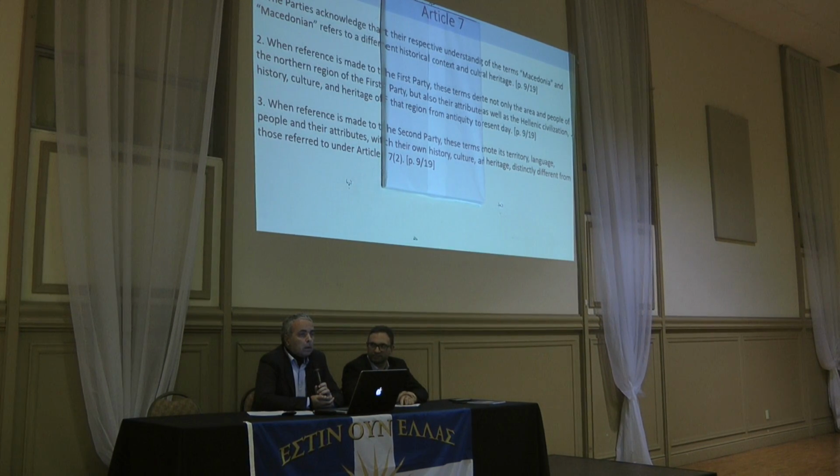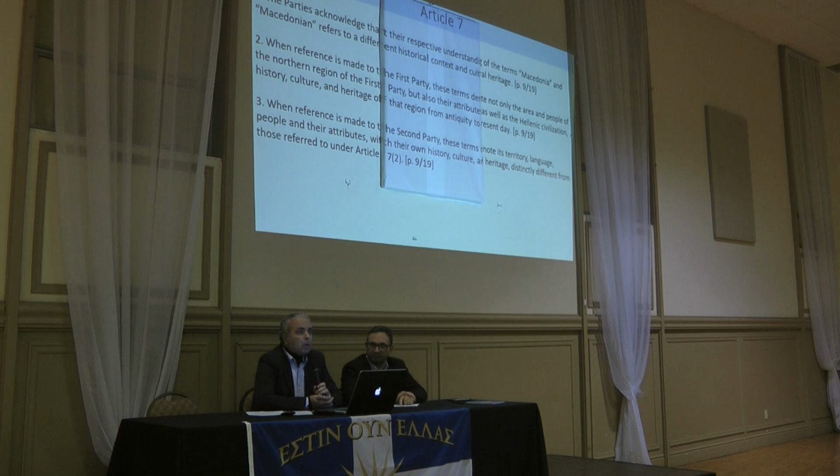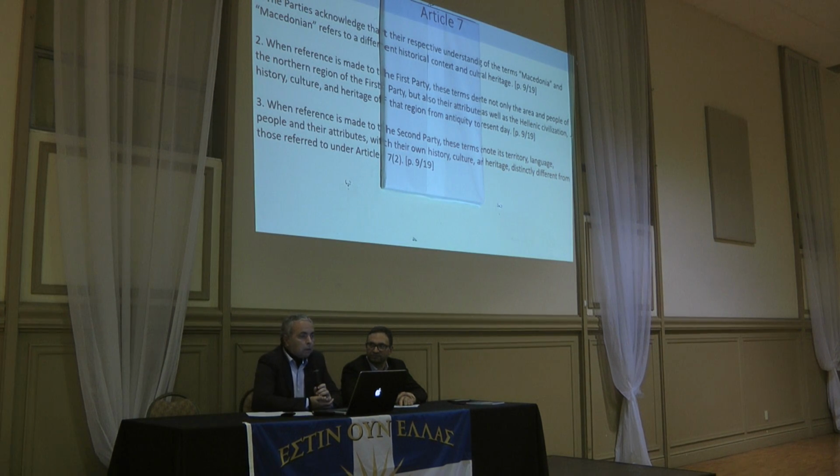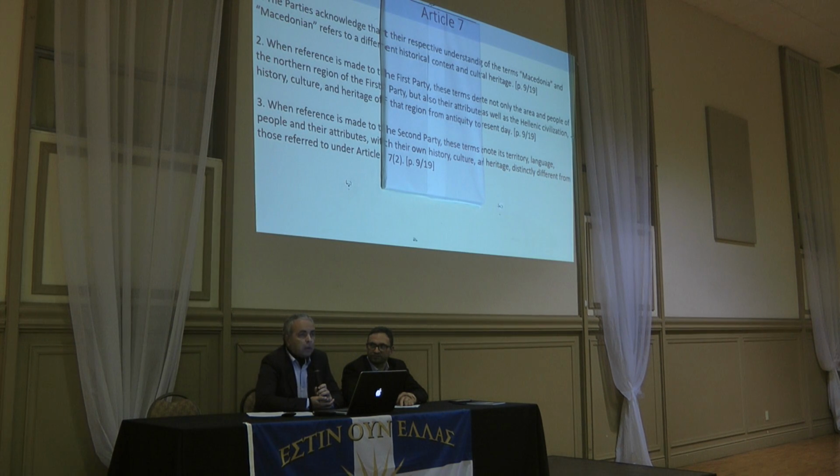It's okay, it's obvious for you? that we are talking about Macedonia. So we don't use anymore the word Macedonia for Macedonia, but we use the expression northern region of the first party. It's okay for you?